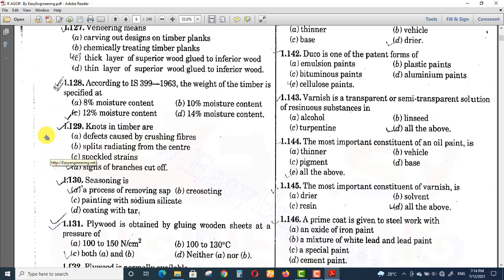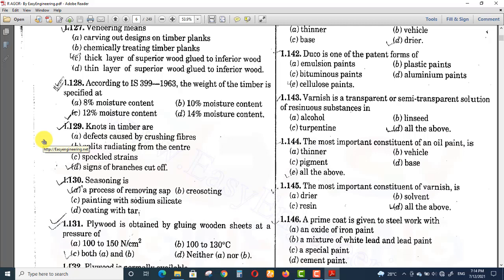Next question is, notes in timber are, whenever you cut a branch of a tree, for example, if there is a tree in my home and I have cut the branch of the tree today, after 5 or 10 years, there will be some sort of dot on that place, right? And then when we cut the tree and use the timber, that dot will remain on that place.